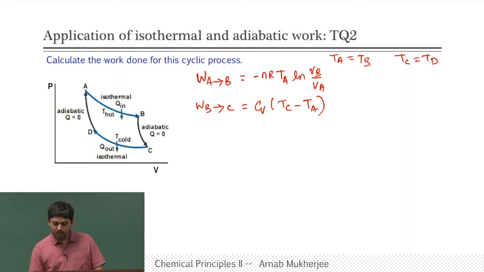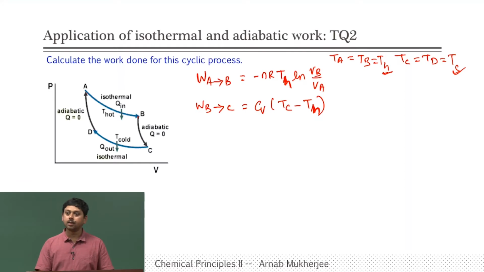In fact, since T A and T B are same, we can call that as T H, high temperature, and T C and T D are same, let us call it C, cold. Here the C is cold, high temperature and hot reservoir and cold reservoir basically. Okay. So, we are just going to replace A by H and C by cold.